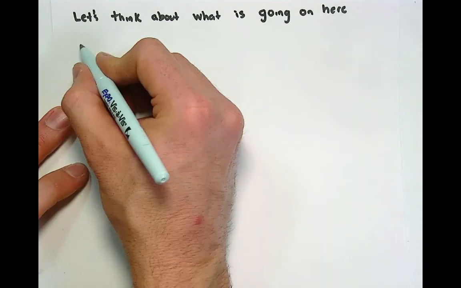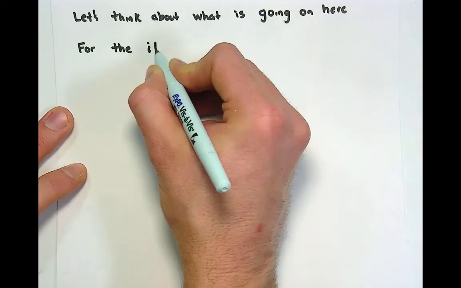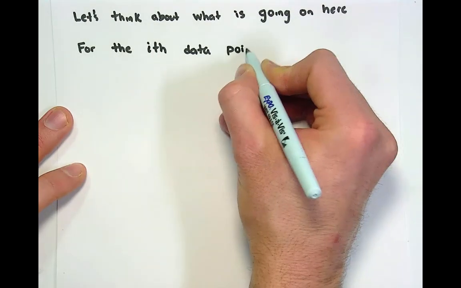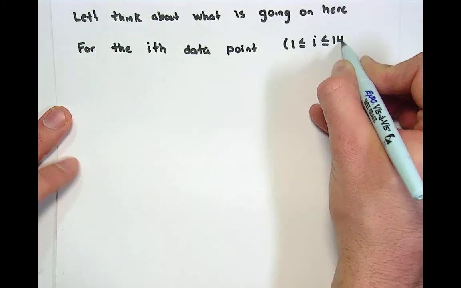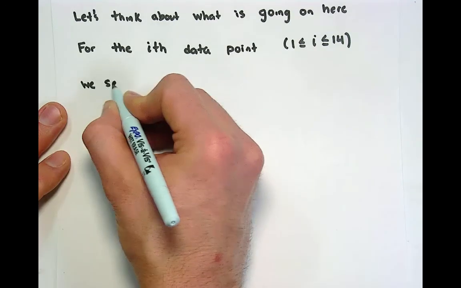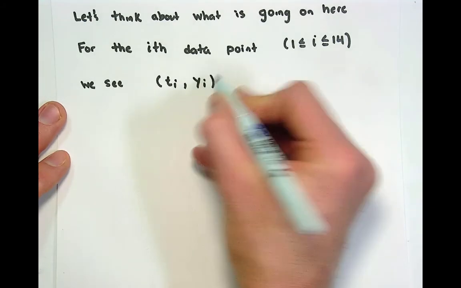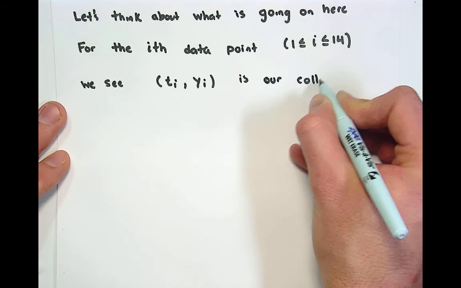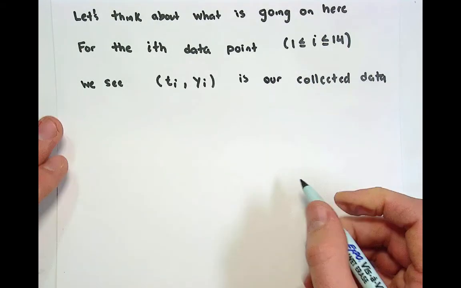For the ith data point, and in this case we said that i ran between 1 and 14 because there were 14 different data points, we see t sub i, y sub i is our collected data, which we can graph.